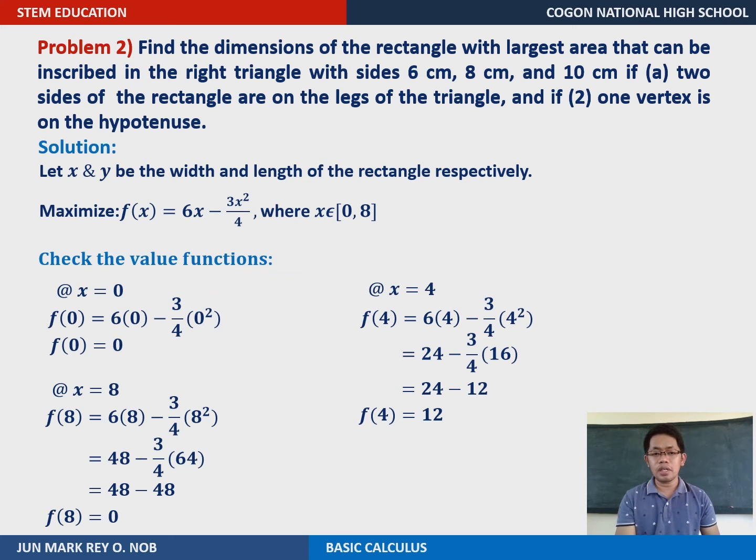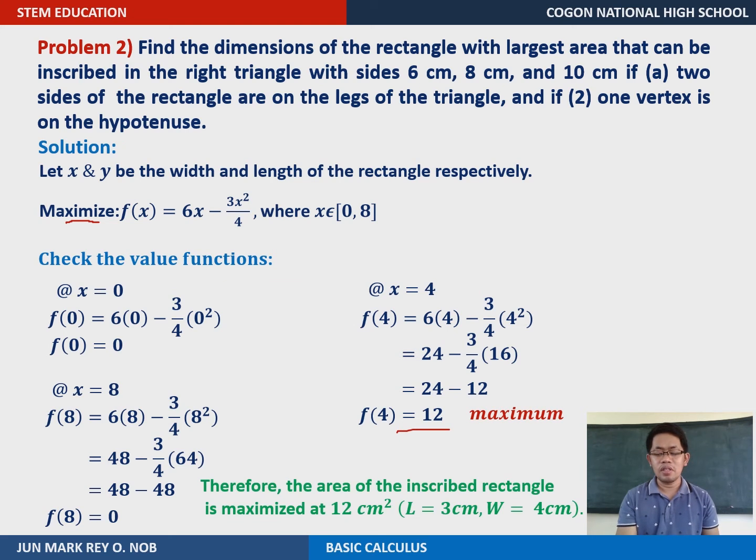And of course, again, since our problem is talking about maximization, obviously the maximum area is this one. So therefore, the area of the inscribed rectangle is maximized at 12 square centimeters, and with a given dimension of 3 by 4, no?